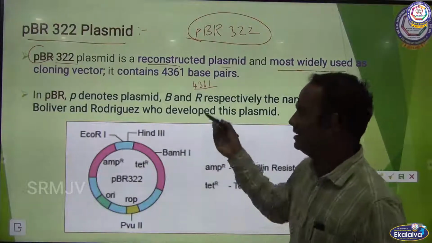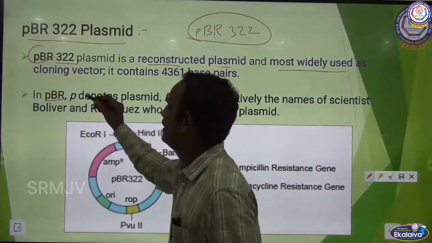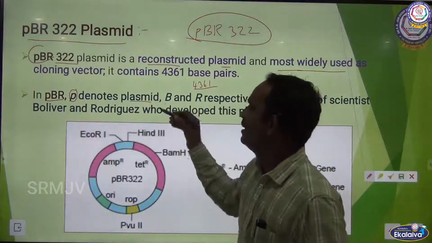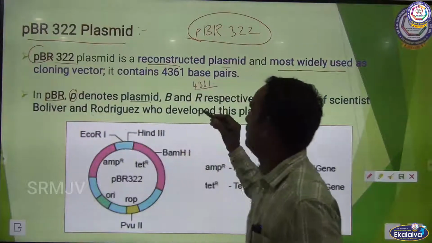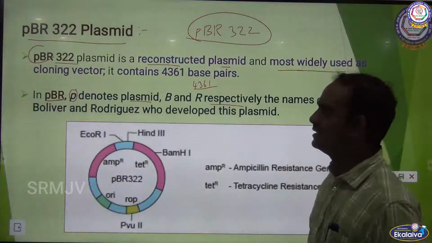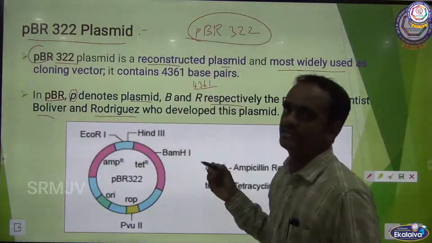Just think. In pBR322, the letter p denotes the plasmid, and B and R are respectively the first letters of the names of the scientists. Please listen here. The scientists' names are Bolivar and Rodriguez.